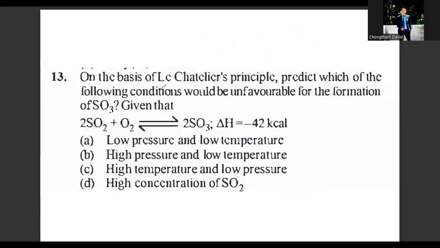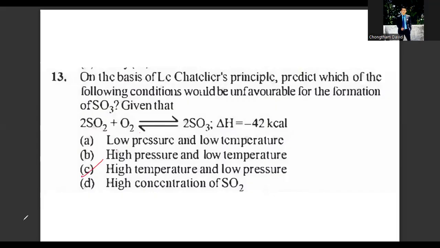On the basis of Le Chatelier's principle, predict which of the following conditions would be unfavorable for the formation of sulfur trioxide, given that it is an exothermic process. Right, since this reaction is an exothermic process, the lower temperature will be favored for formation of the forward reaction, and also the volume is decreased by applying high pressure. So for 13, C is the answer.